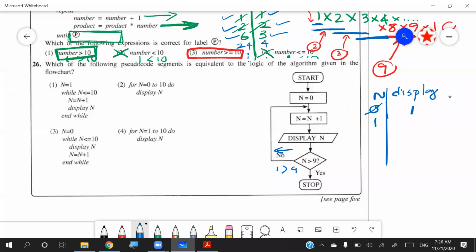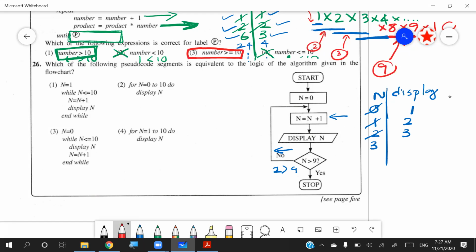So we are iterating. So then it goes and increases n by 1 again because we are reaching here again, and displays n. So 2 is displayed. And again, now the condition is 2 larger than 9, which is no again. So it goes again and increases n and displays it.